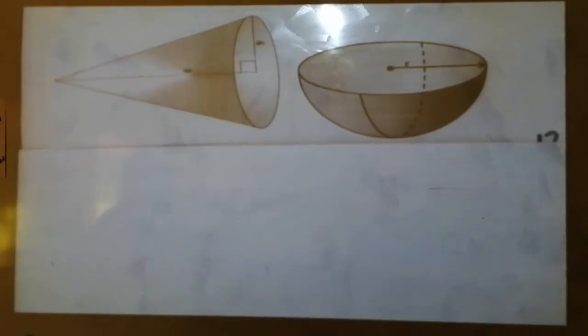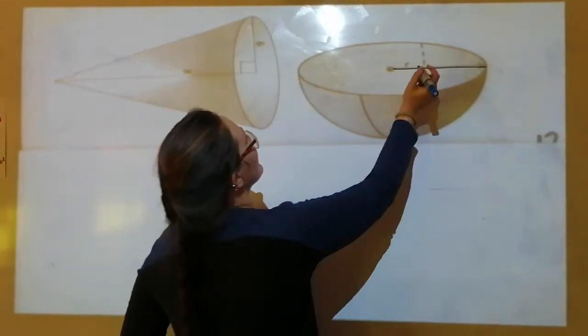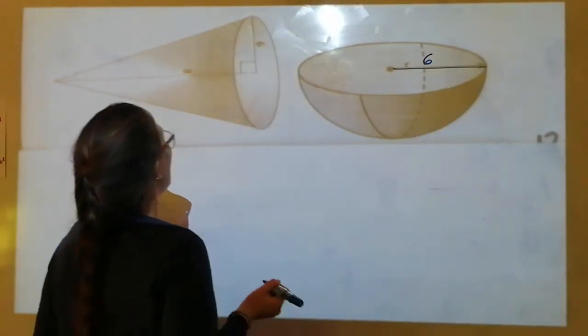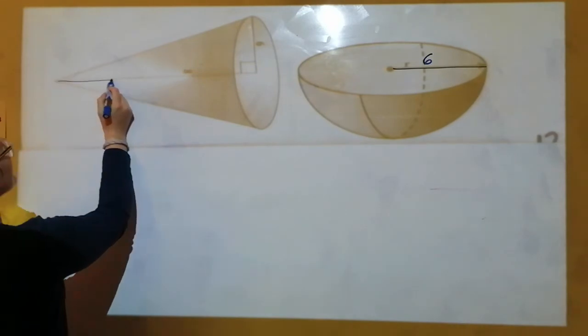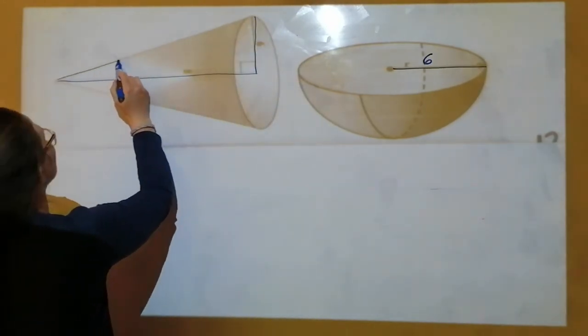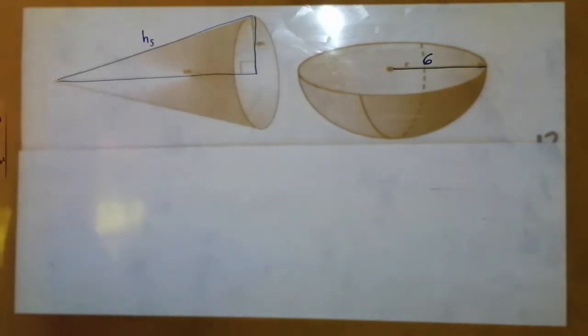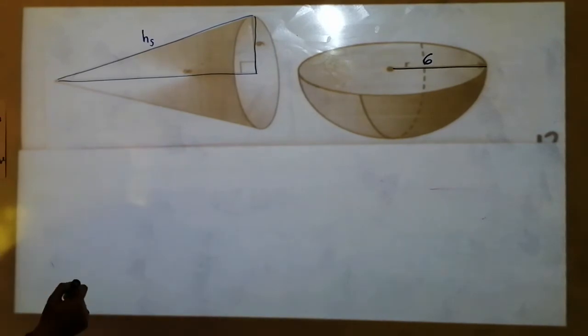So, you would agree with me that they would have the same radius. So this radius is 6. I know that this makes a right angled triangle, and I know for my formula I need this over here, which is my height slant. So that's what I'm first going to figure out using Pythagoras.